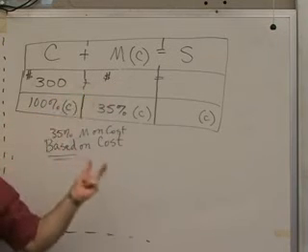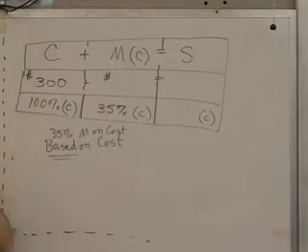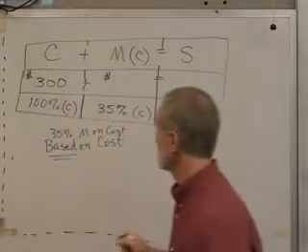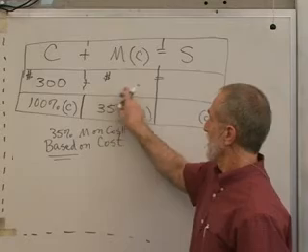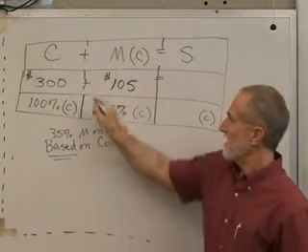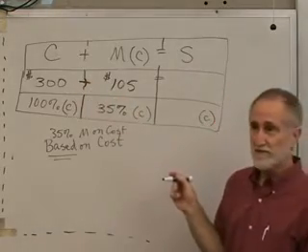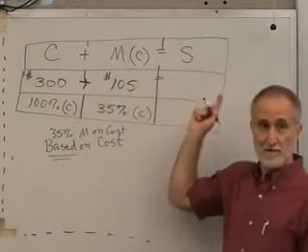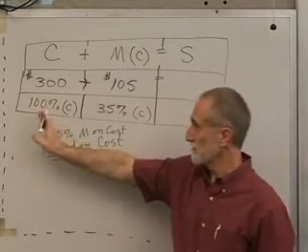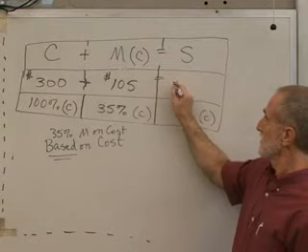So everybody punch in 300 times 35%. 105, okay, good. Now, if they asked us for the selling price, we would just add those two together, wouldn't we? In these grids, first number plus second number always equals third number. So we get 405 as our selling price.